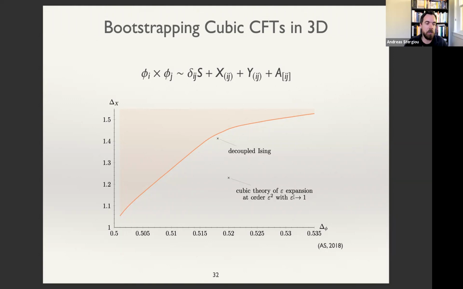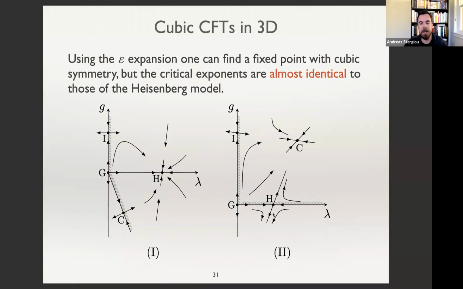With resummations they find very good agreement with the O3 critical exponents, which is what we expect, given that in theory space the cubic and the Heisenberg fixed point for n equal 3 specifically are very close. So their data should be very similar wherever there is overlapping data, like say the leading singlet. This is what the epsilon expansion shows.